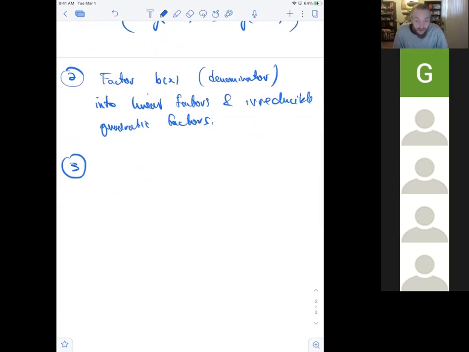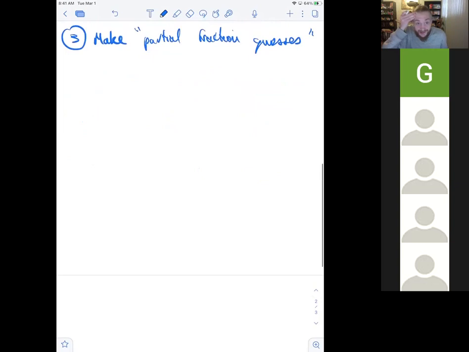Three, once we've factored this, once we have a proper rational function and a factored denominator, we make our partial fraction guesses. So what are those partial fraction guesses? Essentially I'll put them in the main categories.